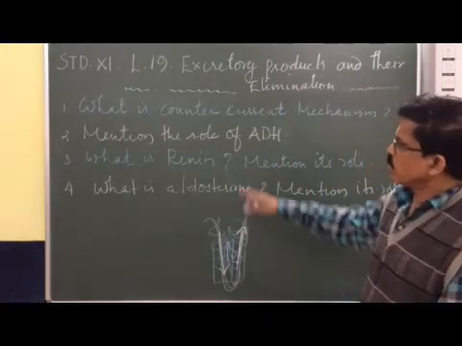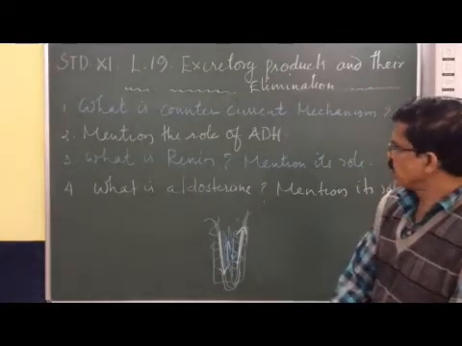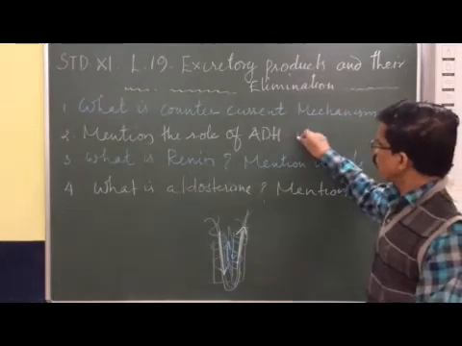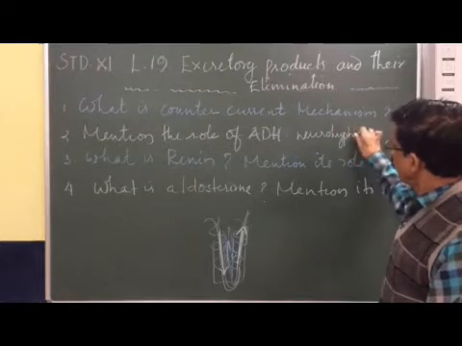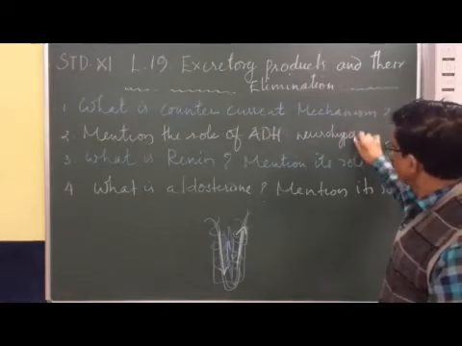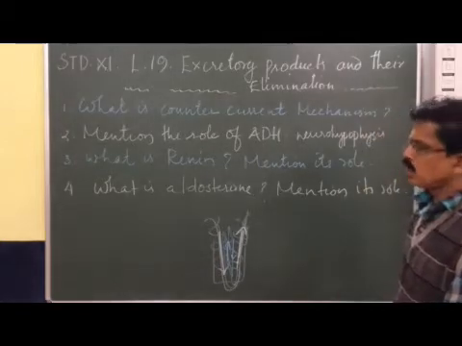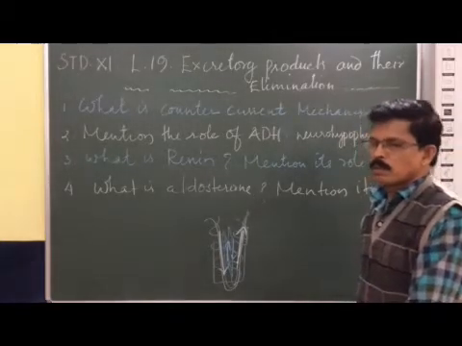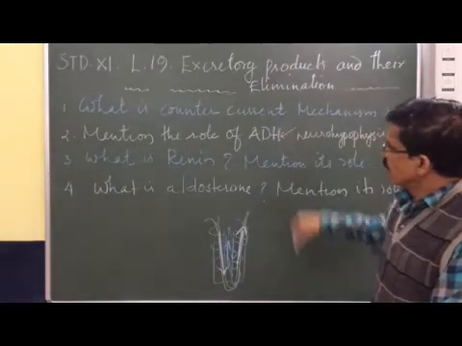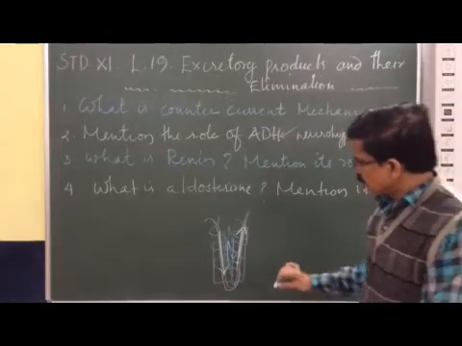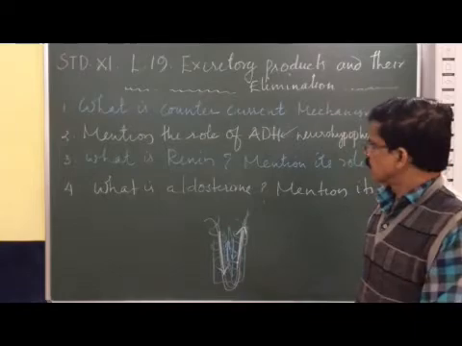Okay. Now the next one, what is the role of ADH? ADH is a very important hormone which is secreted from the neurohypophysis. The neurohypophysis is part of the posterior region of the pituitary. It secretes this ADH. ADH is secreted when the body fluid concentration is very low.